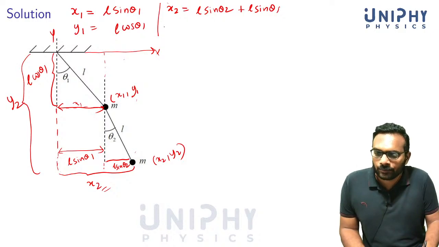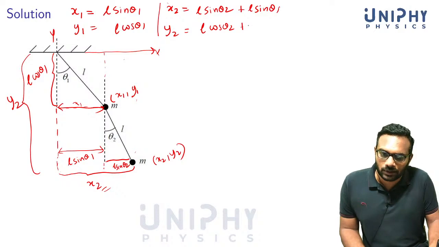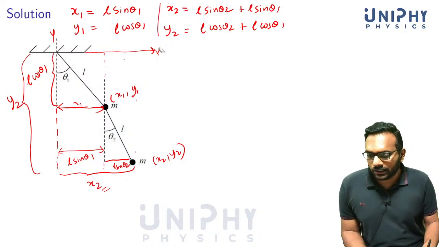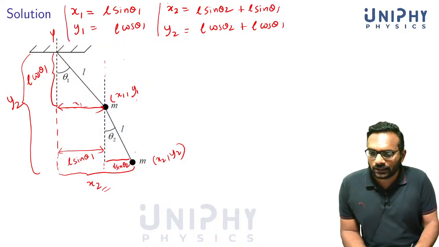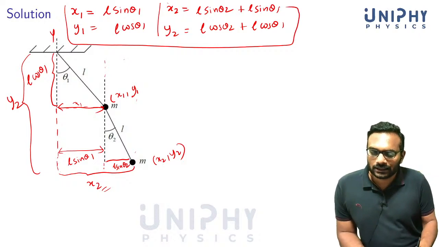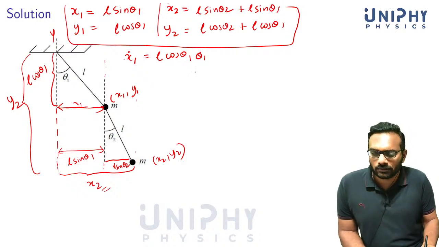Similarly, you will see that y2 is equal to L cos theta 2 plus L cos theta 1, all right. Now it's just a matter of taking the derivatives and squaring them, right. So we see that x1 dot is equal to L cos theta 1 dot, you just take the time derivative, all right.